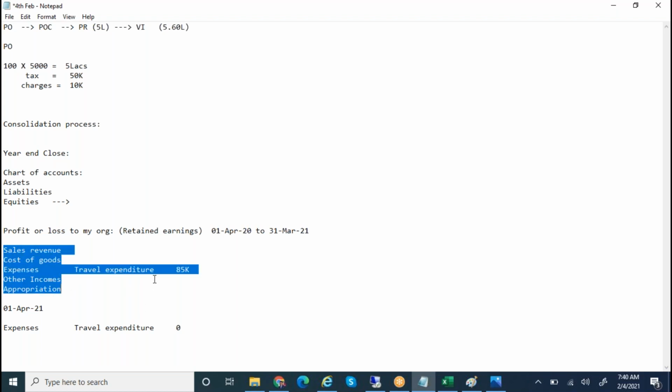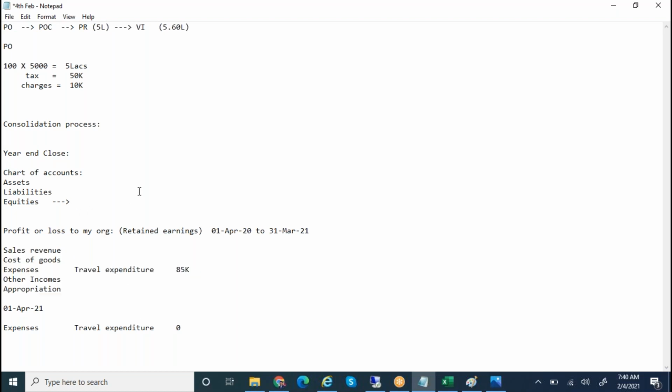The accountants will do the calculation and arrive at the net profit. Once they have arrived at the net profit, that net profit value will be transferred to equities. There will be one ledger account called retained earnings, and it will be transferred there.